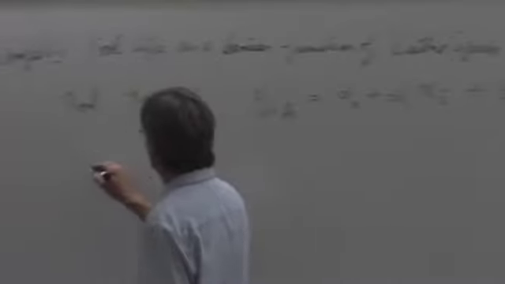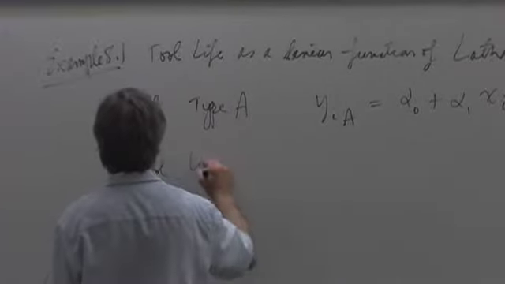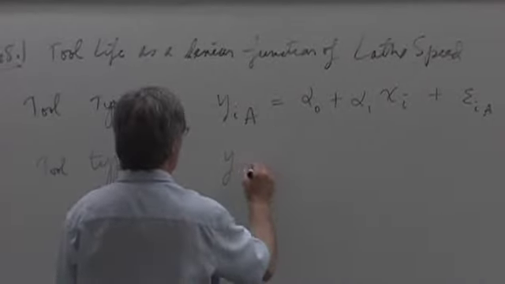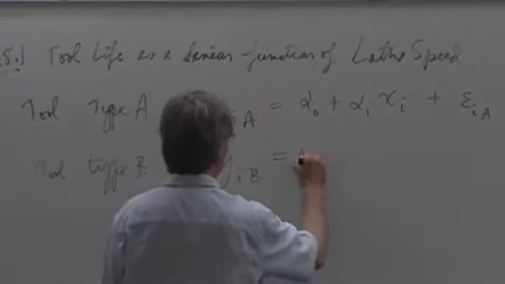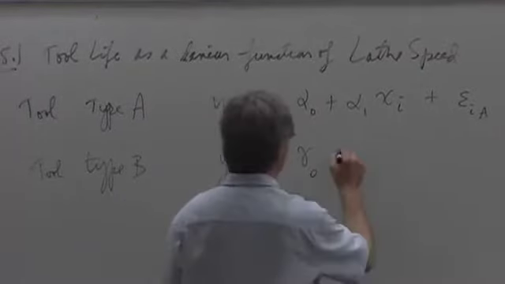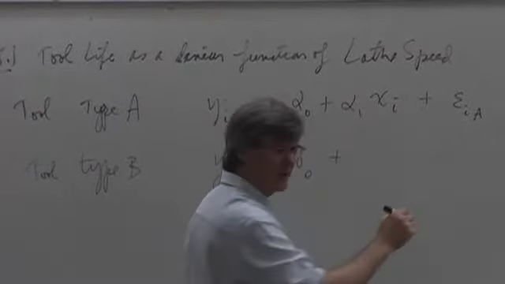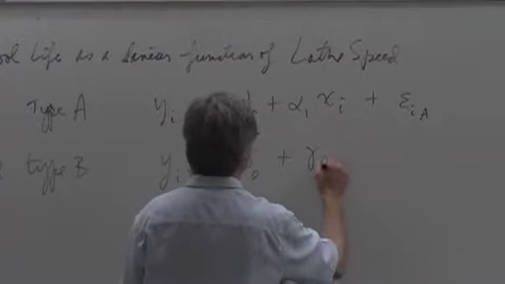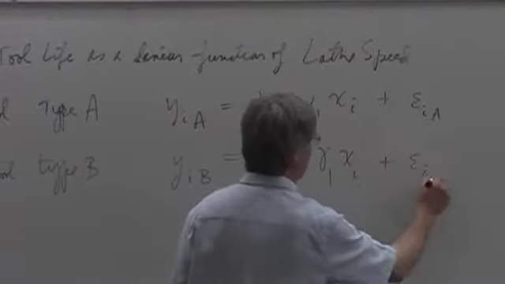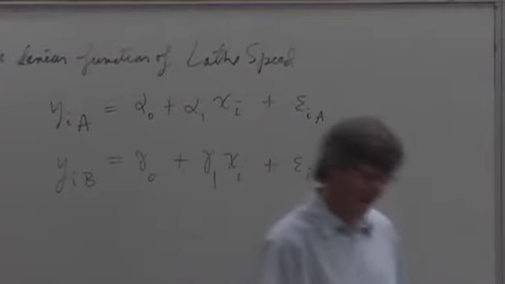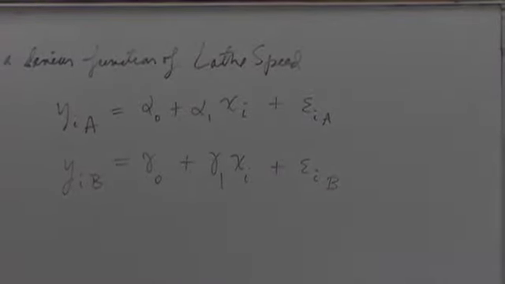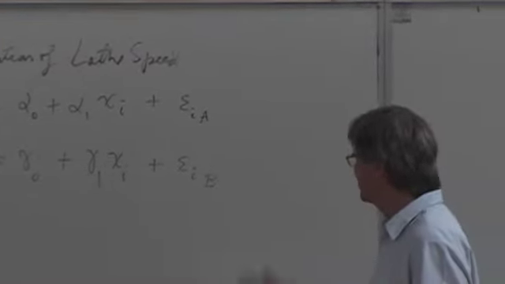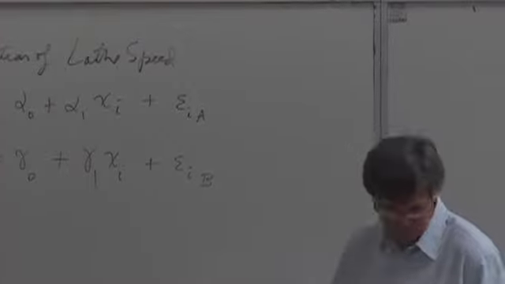And for a tool of type B, you're going to have a model Y_iB equals, I'll just call them gammas because I'm going to use the betas later for the unified model, gamma 0 plus gamma 1 x_i plus another error epsilon_iB. I'm not going to say where the i's go, they're just the ith observation. So you have 2 different linear models, in fact.